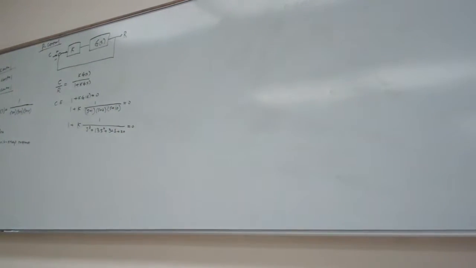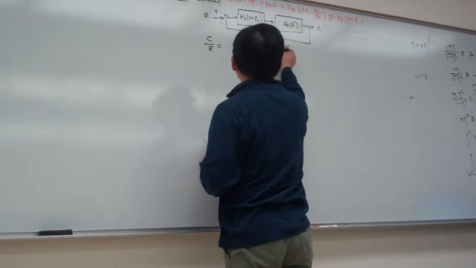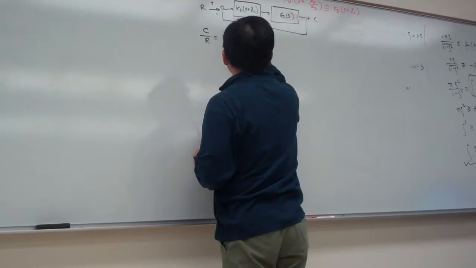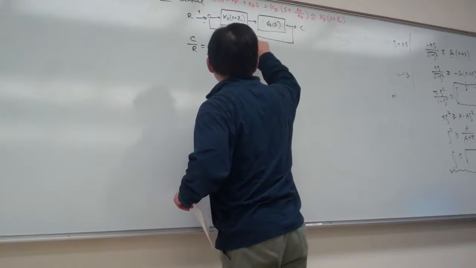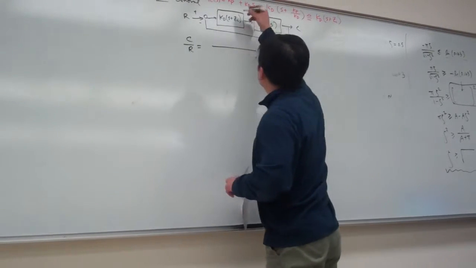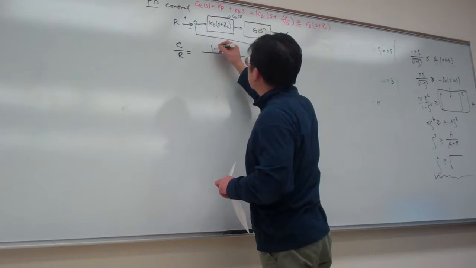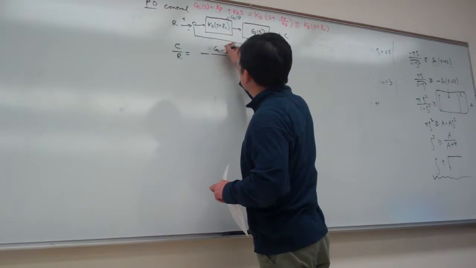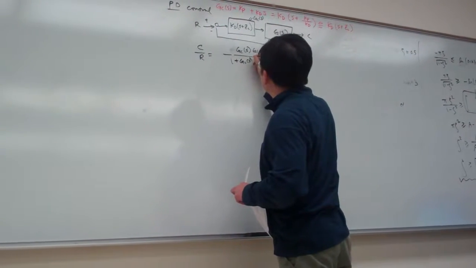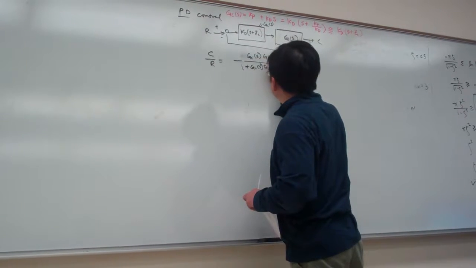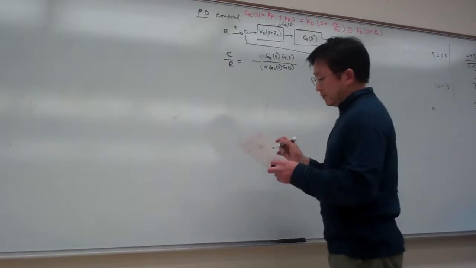And for this one, we have the transfer function. The closed loop transfer function is, let me define this one as G_C, G_C is for the controller, so that is G_C(s) times G(s) over 1 plus G_C(s) times G(s).